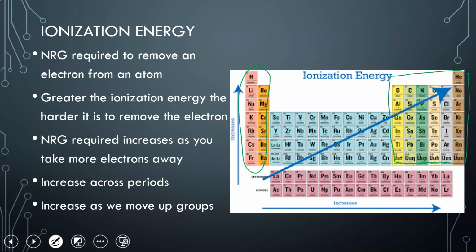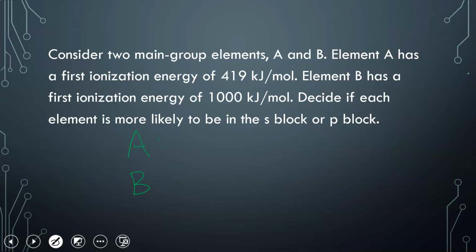So the P are going to have a much greater ionization energy than the S. So if we look, A is the less, so that one is going to be in the S block. While B has a really great ionization energy, so that'll be the P.